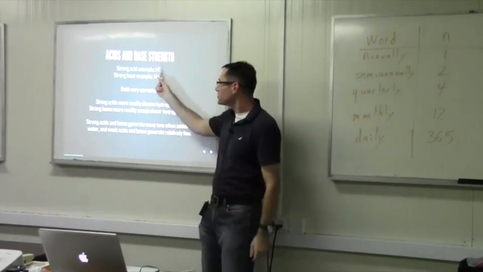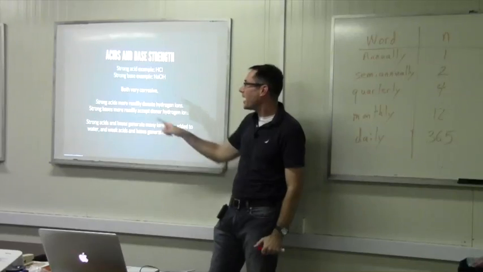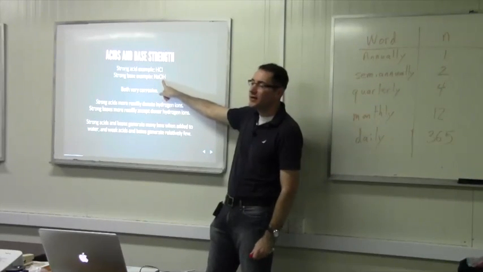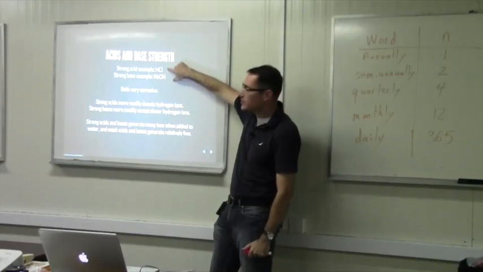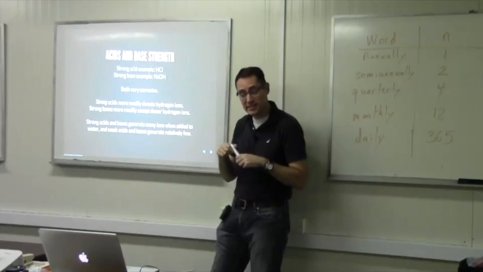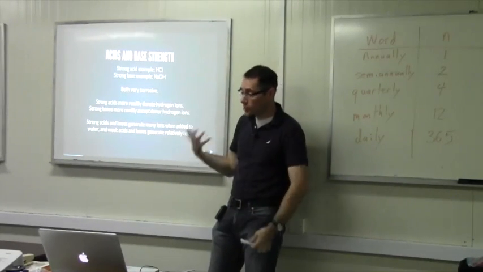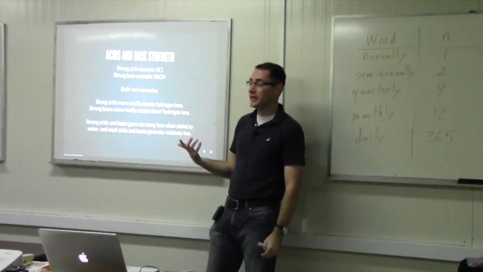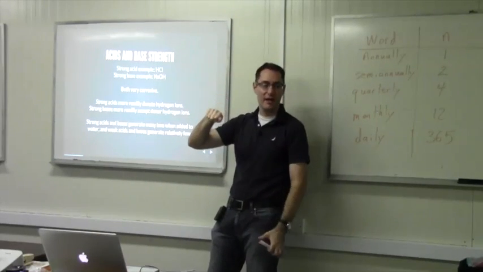A couple examples, hydrogen chloride and sodium hydroxide, both very strong. Hydrogen chloride being a very strong acid, sodium hydroxide being a very strong base. They both happen to be very corrosive, meaning that you don't want to pour HCl on yourself.